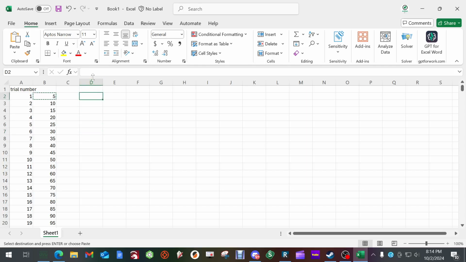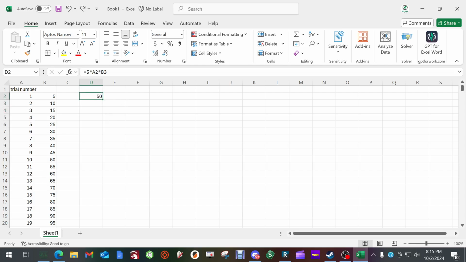Now if we wanted to go equals 5 times this one, and then times B3, but we want it to always multiply by B3. For example, if I were to take this and scroll it down, notice that it goes B4 and then just keeps increasing, but we don't want that.